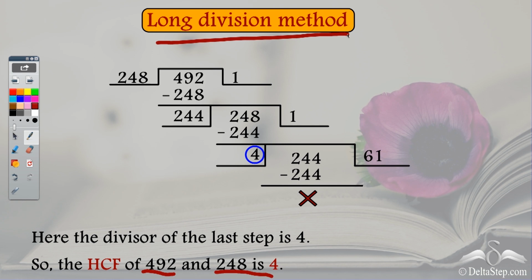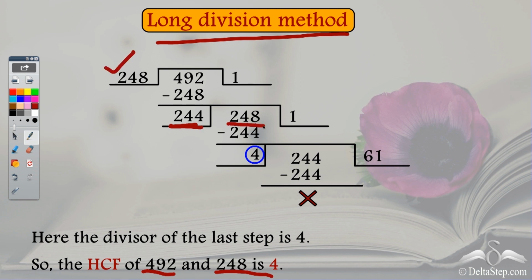So how do we exactly do it? First, I divide the bigger number by the smaller number. Once I divide it, I don't do anything with the quotient. I take the remainder. In every step, remainder becomes the divisor. So see, this remainder is now divisor. It is dividing. What is it dividing? The divisor of the previous step.